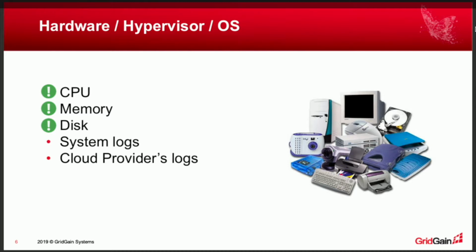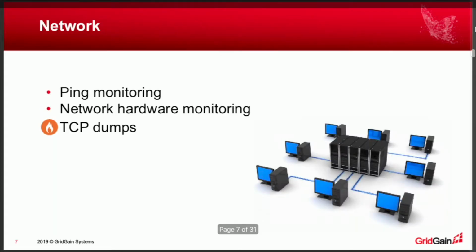And the answer was in the system logs of the out-of-memory killer. We saw that at some point the system decided that it didn't have enough resources, and the out-of-memory killer just decided to kill the process. And that was the answer, and we found it on the operating system level. So this kind of information sometimes is useful.